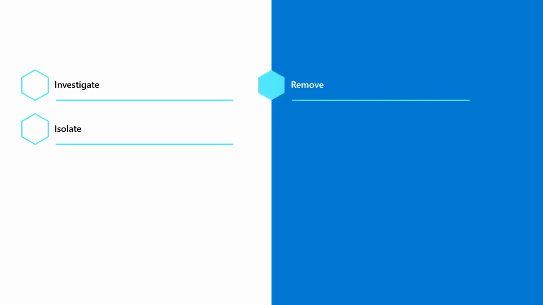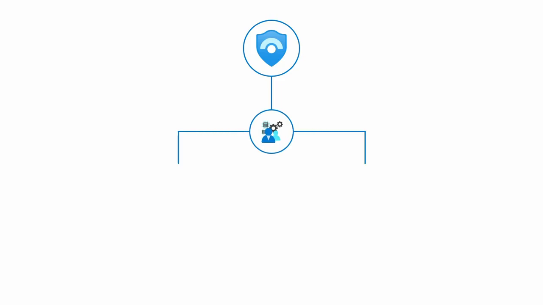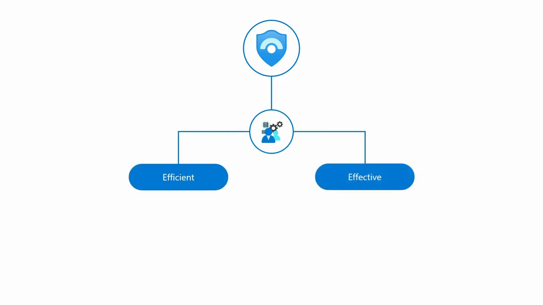The team swiftly investigates, isolates the compromised devices, and commences malware removal, thereby adhering to Microsoft Sentinel's agile supervision. These examples demonstrate that cybersecurity teams that follow the VAST approach when using tools like Microsoft Sentinel can handle threats more efficiently and effectively.